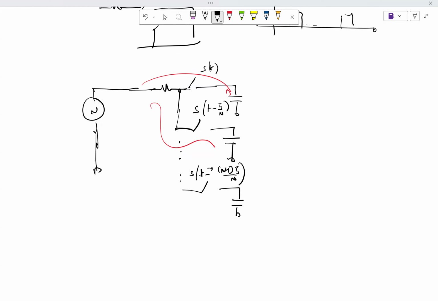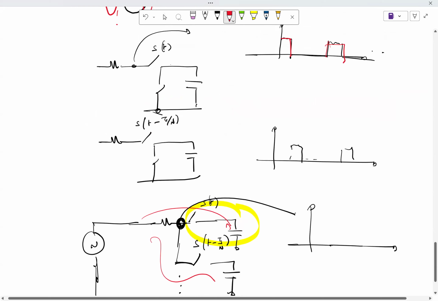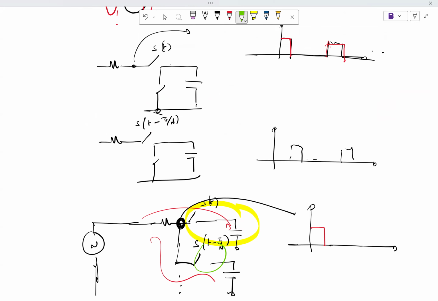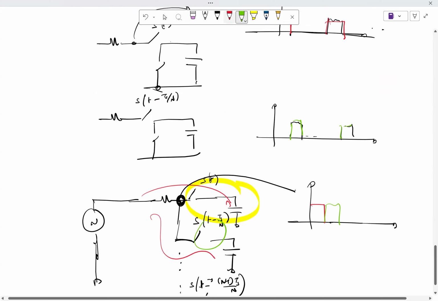And now what will this node voltage look like? This node voltage will essentially, for the on time of this, look like, let me now color code maybe. So for the second phase, when this is on, it will look like this. And when the third phase comes, it will probably look like this, and so on.